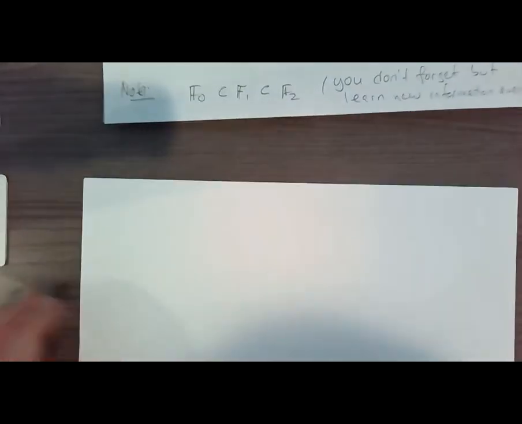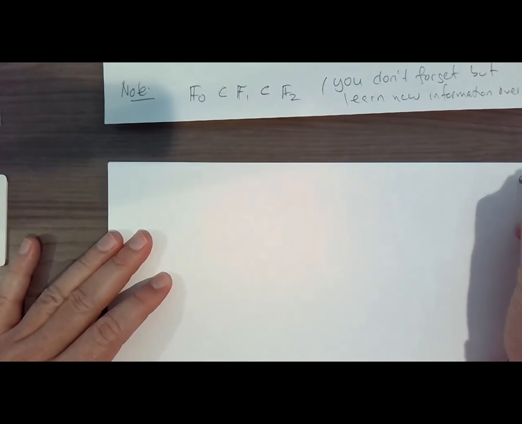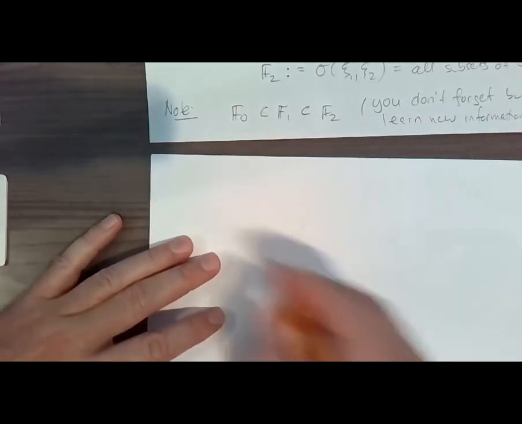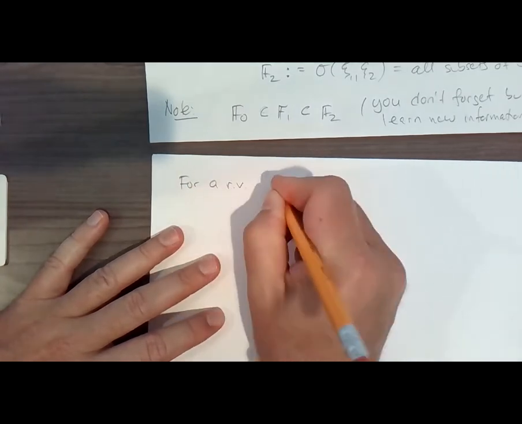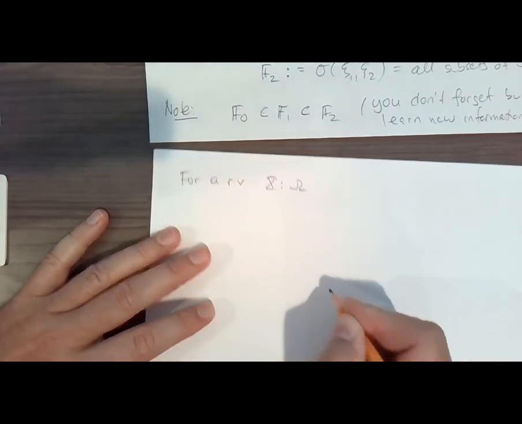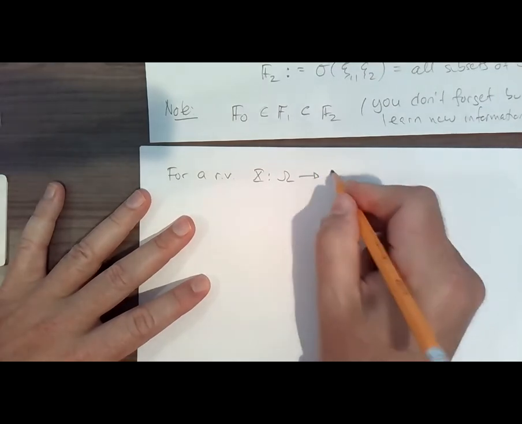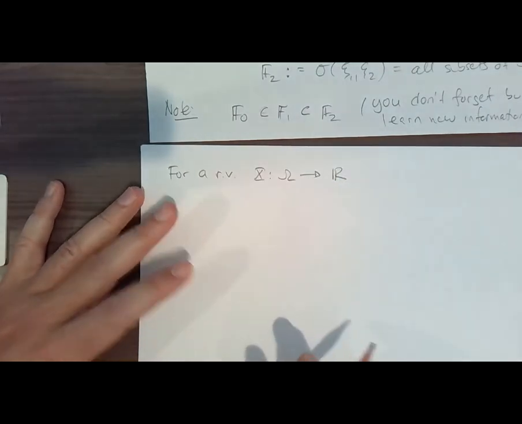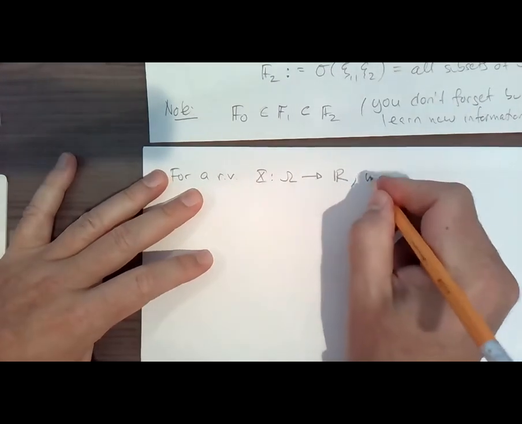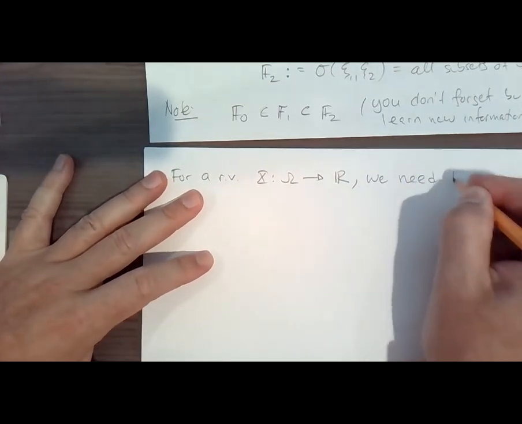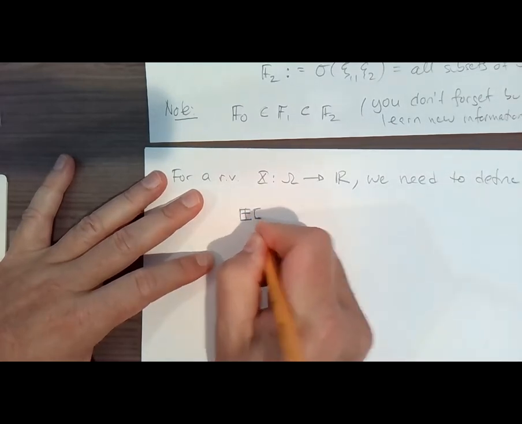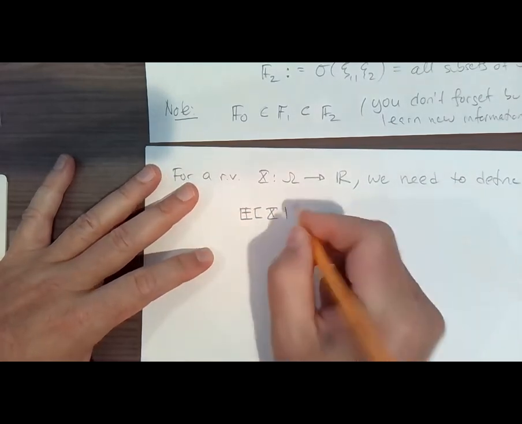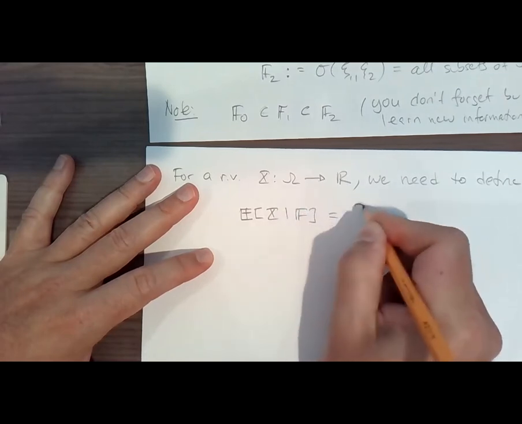We're running a little bit out of time, but let me just mention it. For a random variable, which again is a function that goes from omega into R, for a random variable X, we need to define the conditional expectation of X given a sigma algebra F. What is this equal to?